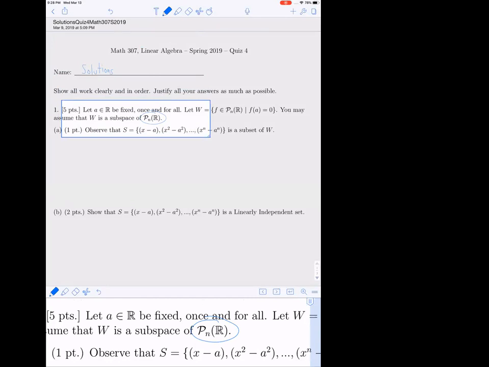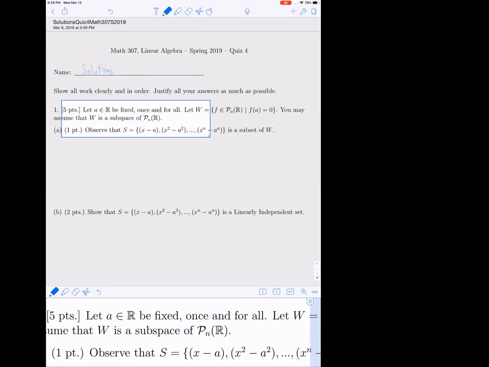So 1, x plus 1, x squared minus pi, x cubed plus x squared minus 3. These are all polynomials with degree at most 3. So for whatever that n is, that's the highest degree polynomial you will see.